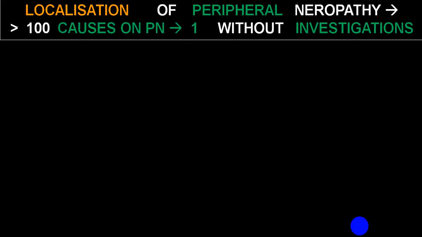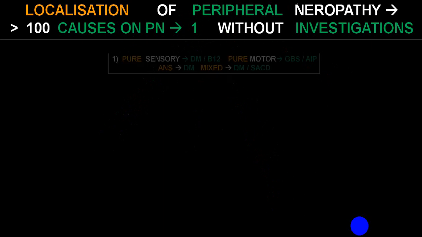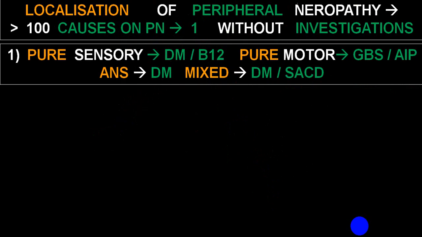So localization without investigation: one, if it is pure sensory, there is no motor involvement, suspect diabetes mellitus and nutritional deficiency. If it is pure motor, with less sensory or almost no sensory, think of GBS, that is Guillain-Barré, and acute intermittent porphyria.